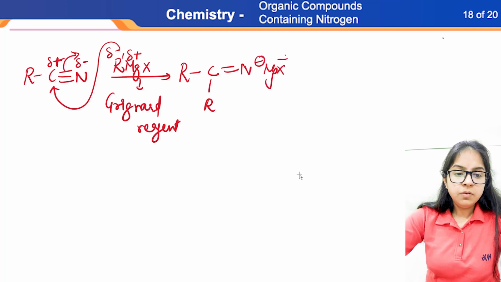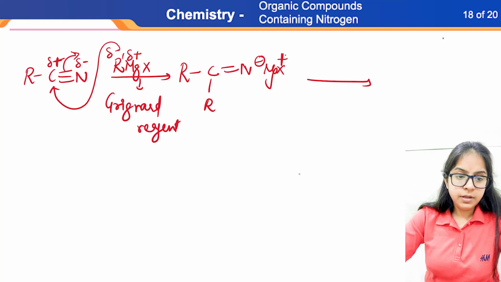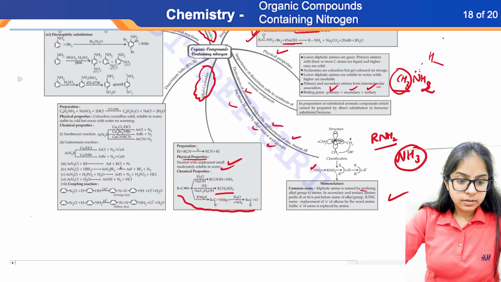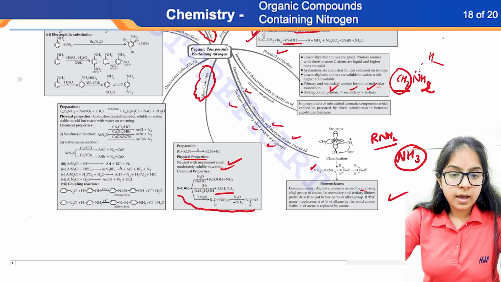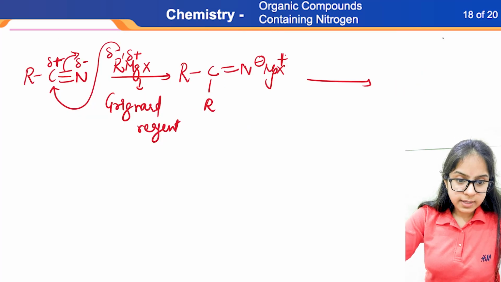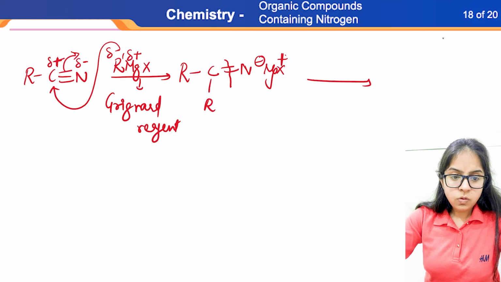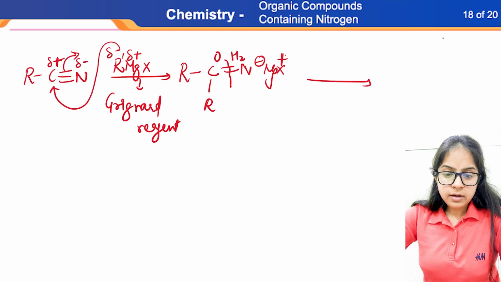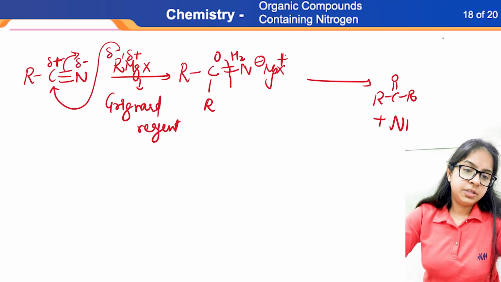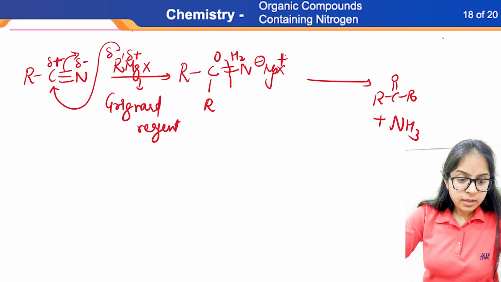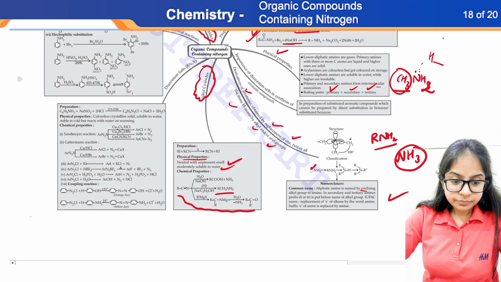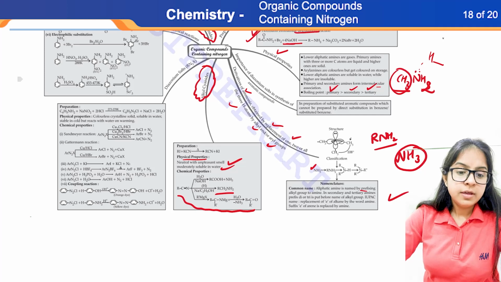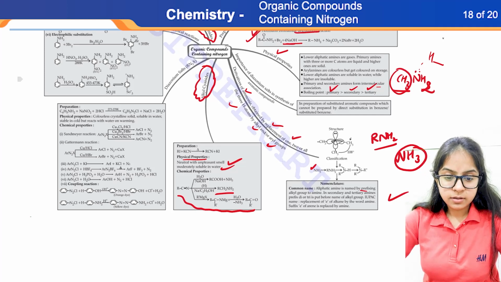Now you just need to remember how you can hydrolyze this. You can hydrolyze this with H2O. You will get R C R double bond NH, and after removal the product will be the ketone, NH3 will be the byproduct, with the addition of H2O, and the other one is MgOH.